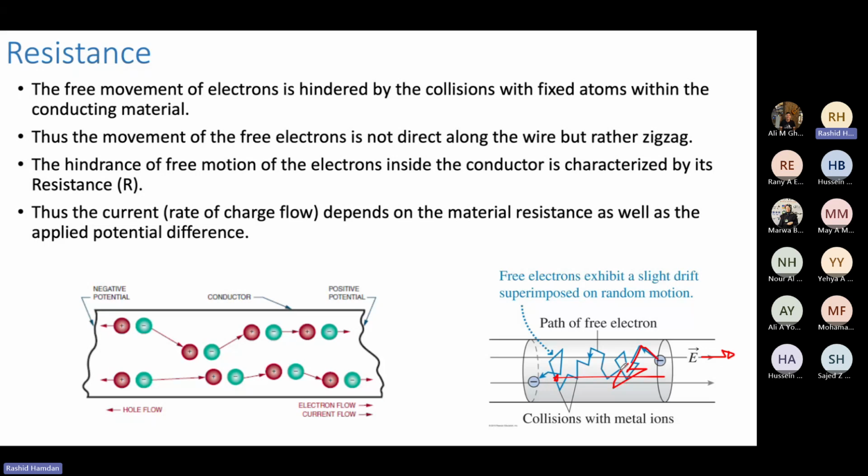Now this free path is a fundamental quantity. I can look at the microscopic level and find this free path. But if I'm doing electronics, I don't care about each electron alone. I want to look at the total flow rate.